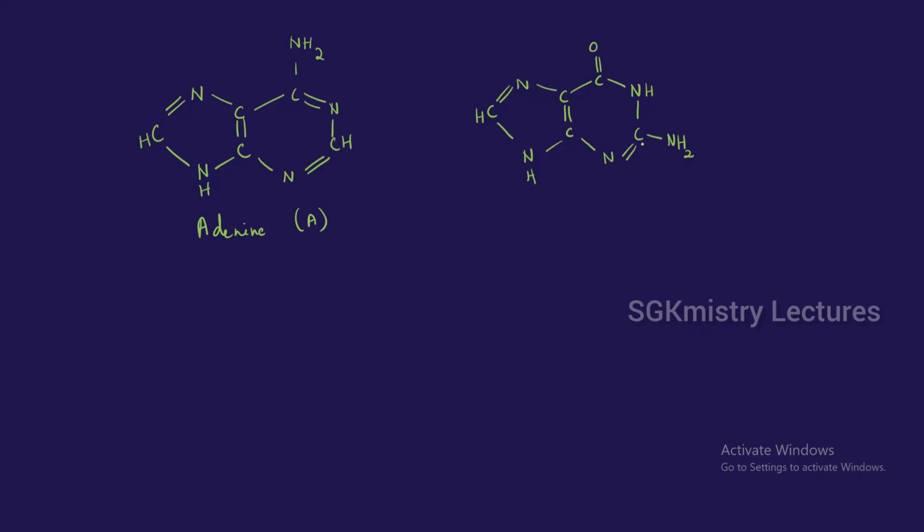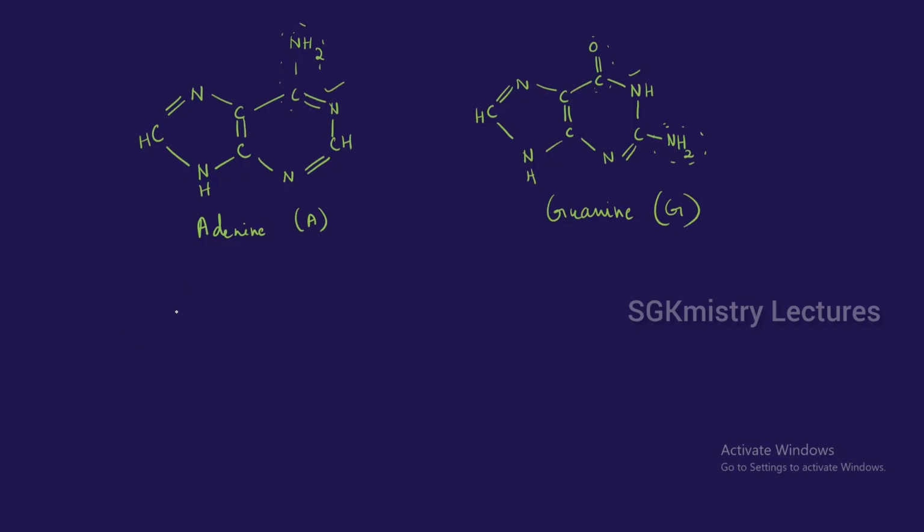So guanine has a C double bond O group instead of the NH2 group. Here there is a double bond in case of adenine, but here there is a single bond, and instead of N, we have NH. And in this position, there is an additional NH2 group. So that is guanine.